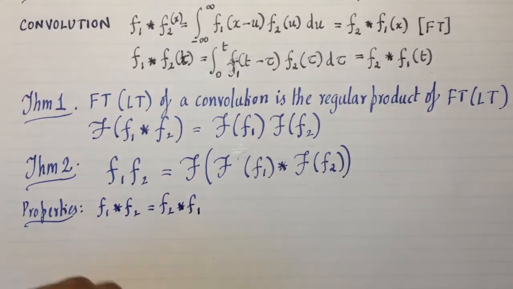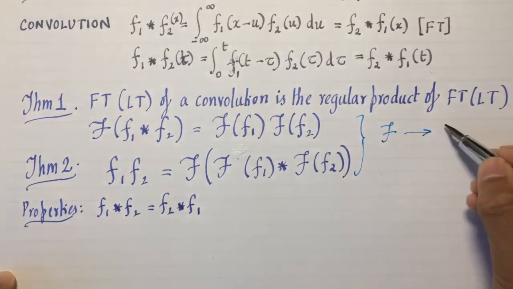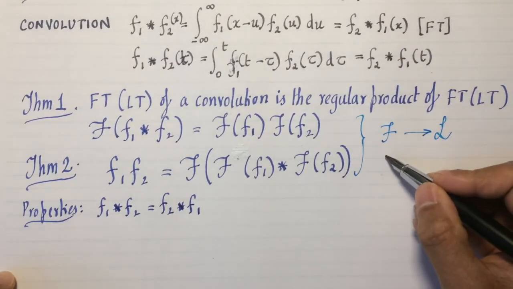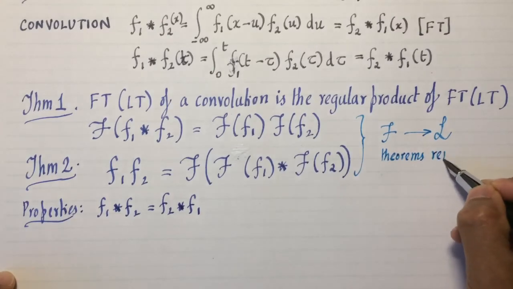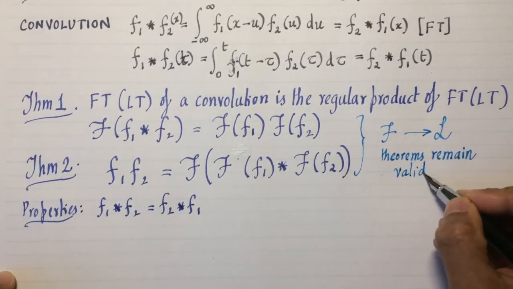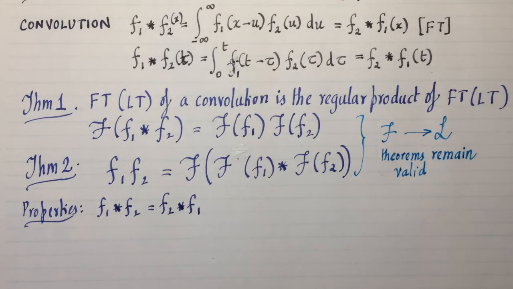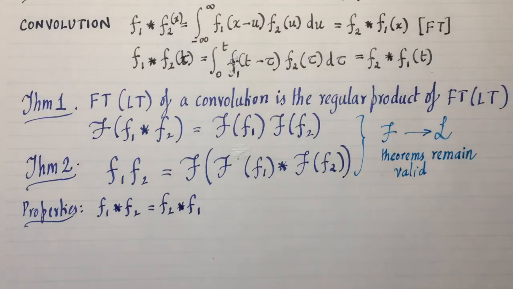And by the way, all these theorems that I stated here for the Fourier transform are also true if you replace the Fourier transform F with the Laplace transform L. The theorems remain valid. So you don't necessarily have to have F there. You can also put the L. And these theorems, especially when we study Laplace transforms, will play a very big role in finding out things like shifting lemmas.